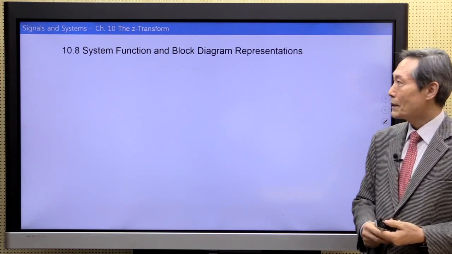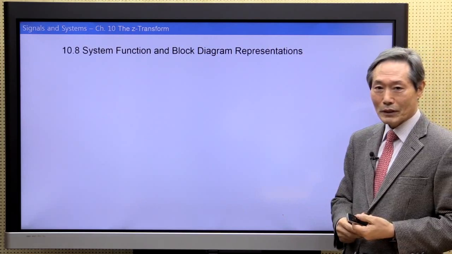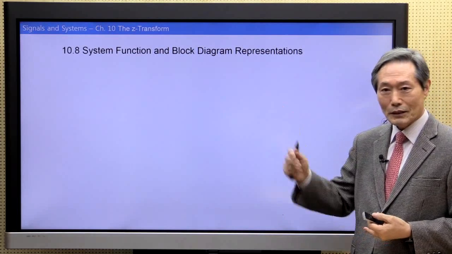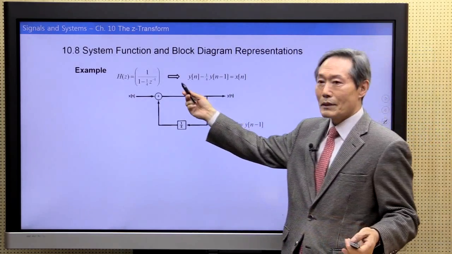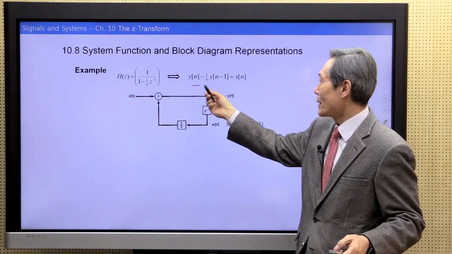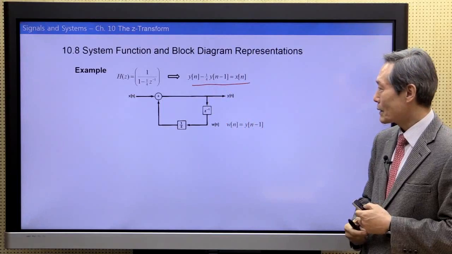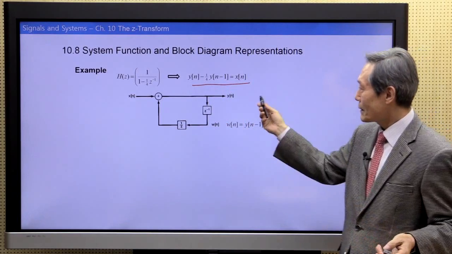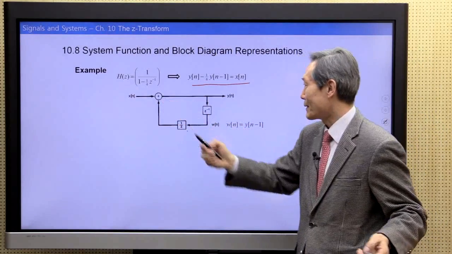Okay, we consider now the block diagram representation of LTI systems. Given such system function, which may be written in time domain like this, we have seen this one from the beginning of the course. We know that we have delay, multiplier, and adder there.